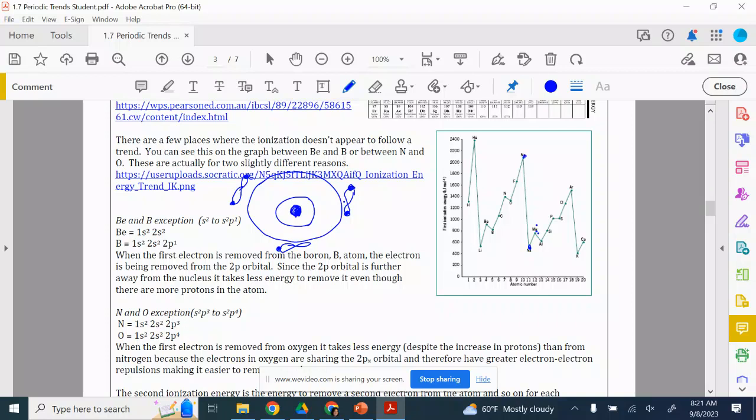This is the 7700. This one's pretty easy to pull off. This one's pretty easy to pull off. This one is going to be really hard to pull off. Why is it harder to pull that one off? Yep, it's closer to the nucleus. My distance has decreased, and therefore the force of attraction holding that electron has increased.